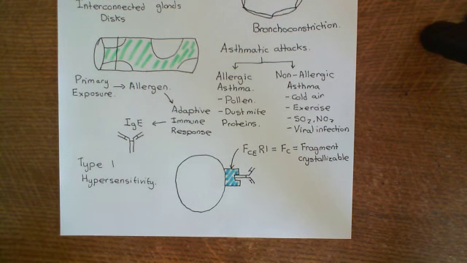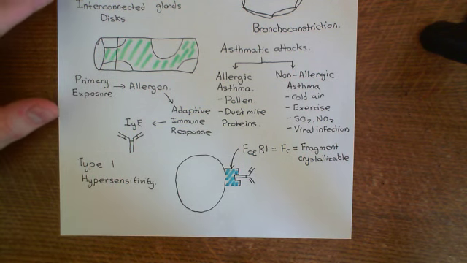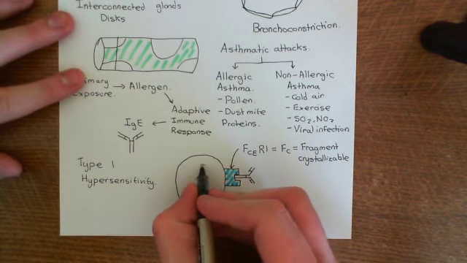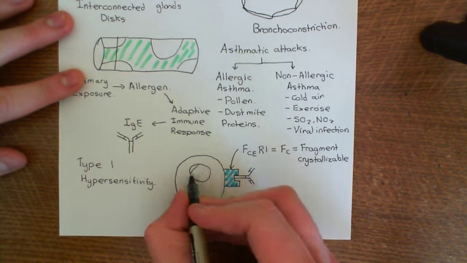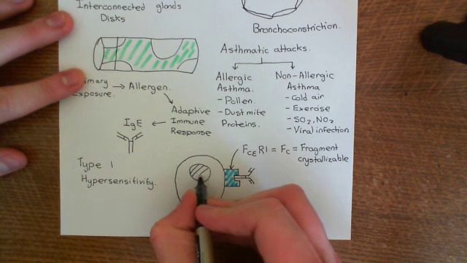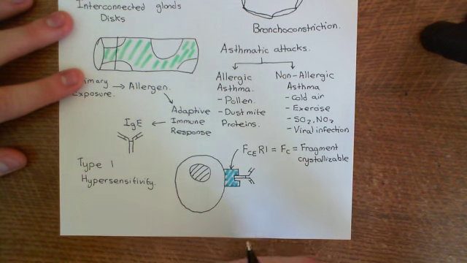Now, okay, let's just discuss mast cells for a moment. So, mast cells are a cell that you have dispersed all around your body. So it's in all your tissues, okay, and it's a sentinel cell.